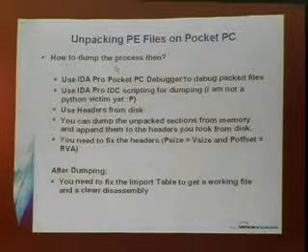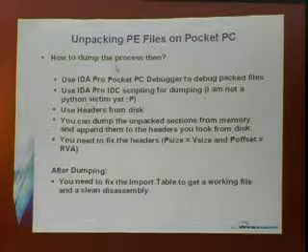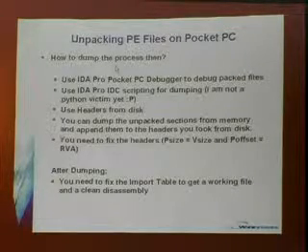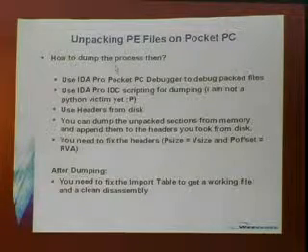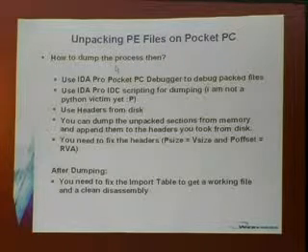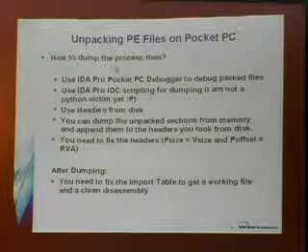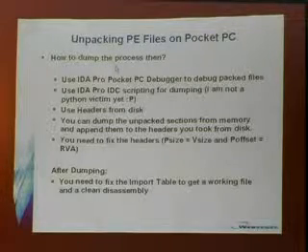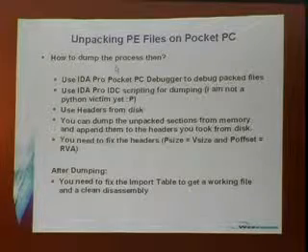So how can you dump a process on Pocket PC? You first use the IDA debugger to find the original entry point. And then you can write an IDC script for dumping. The main problem is there are no headers in memory, so we can just use them from disk. And once we have the headers from disk, we can just append everything from memory to this header file.